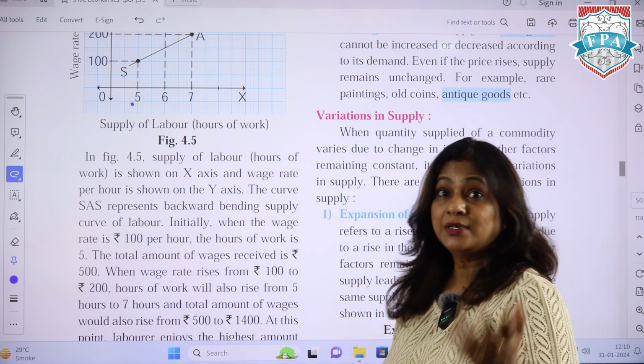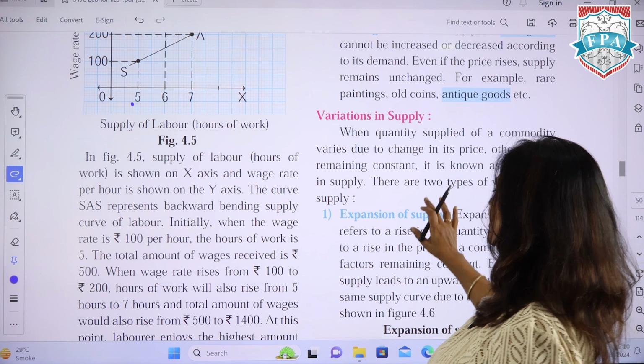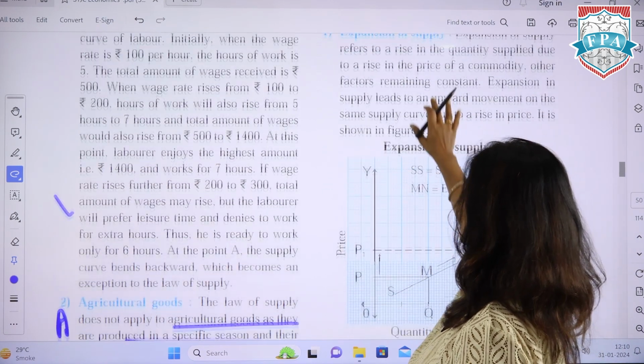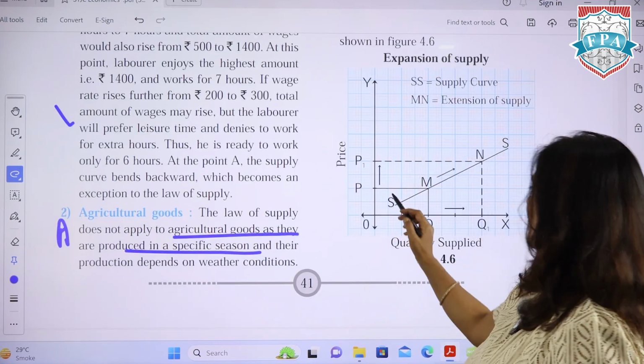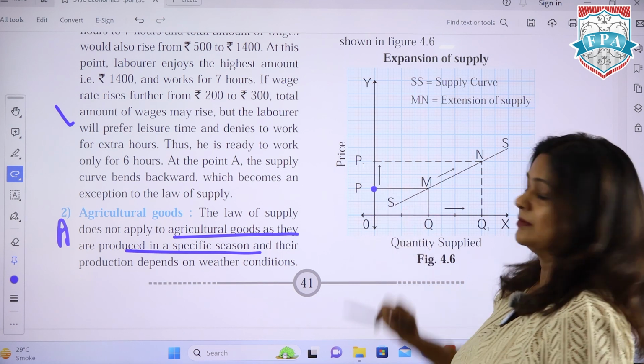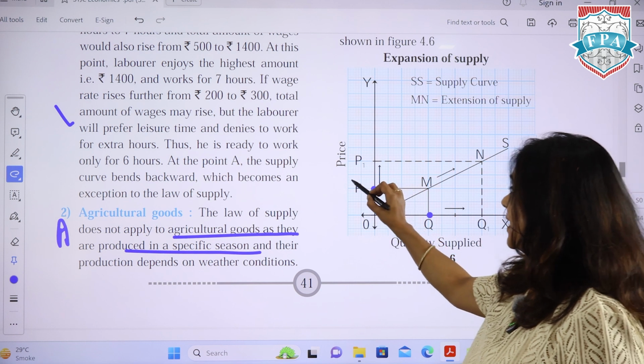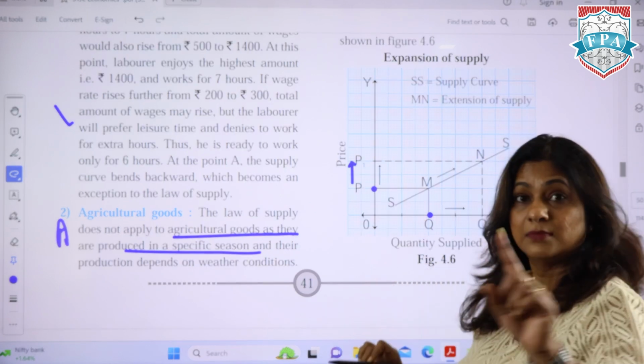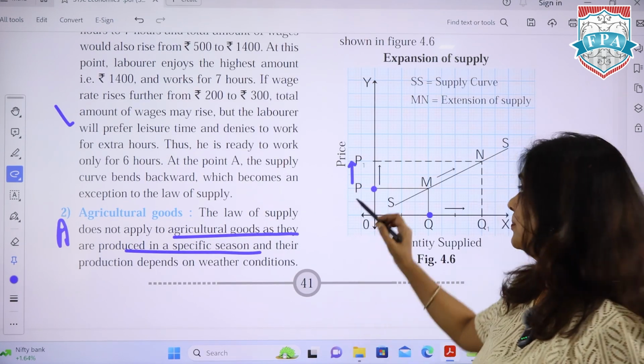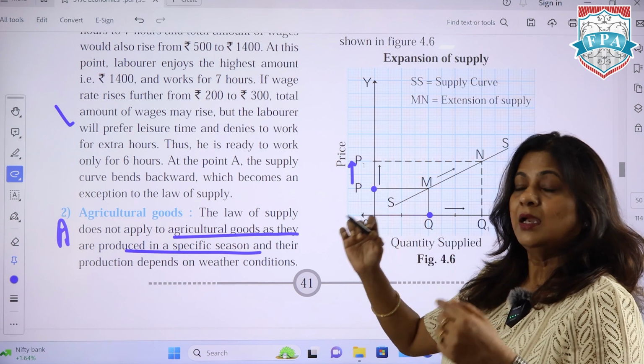Let's see what your text material has to say. So variations in supply, they talk about expansion of supply. Look at the graph. Your price was P, so your quantity supplied was Q. Your price increased. Don't forget to make the arrow in the exam. Your price increased. This is P1.